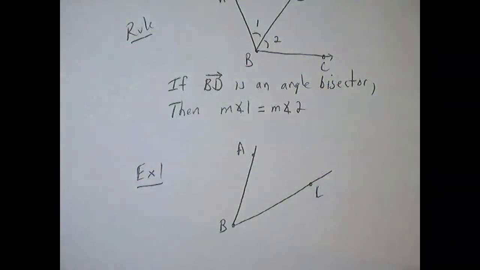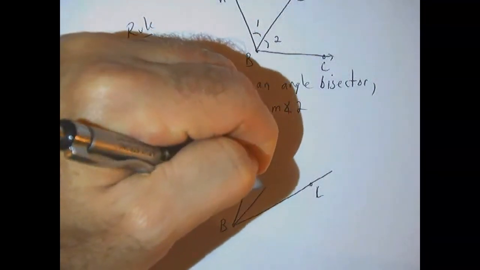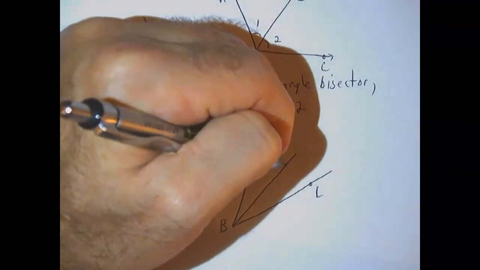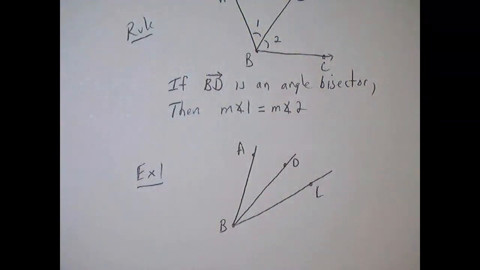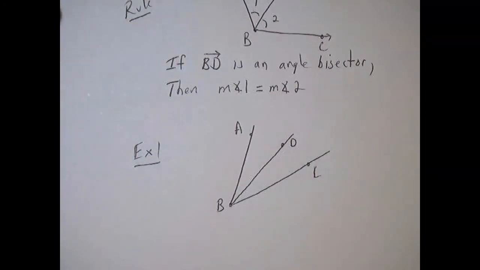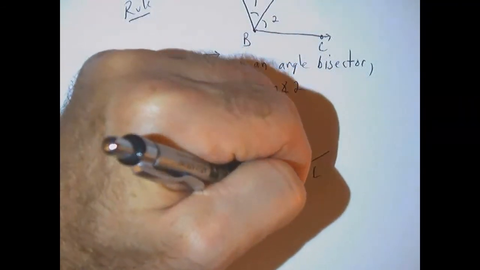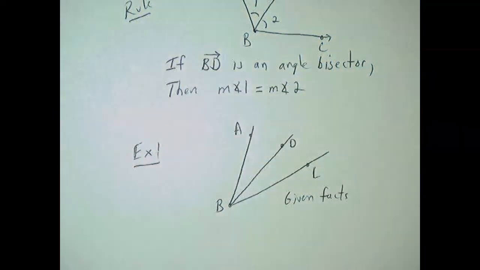Draw what looks like the ray that goes right halfway between there. Again, you're getting some practice drawing that and trying to get it accurate, trying to make it neat even without a ruler. And we're going to say that BD is an angle bisector. So we have given facts.